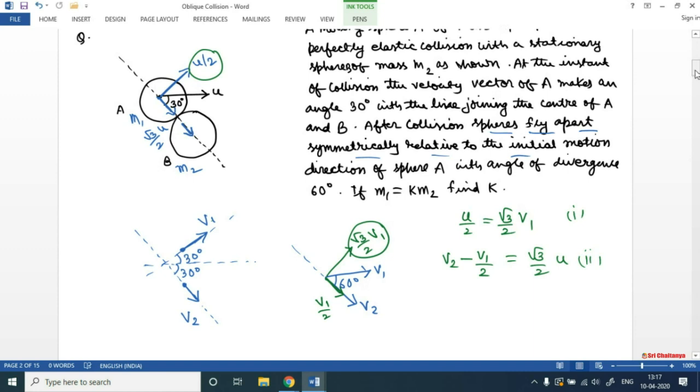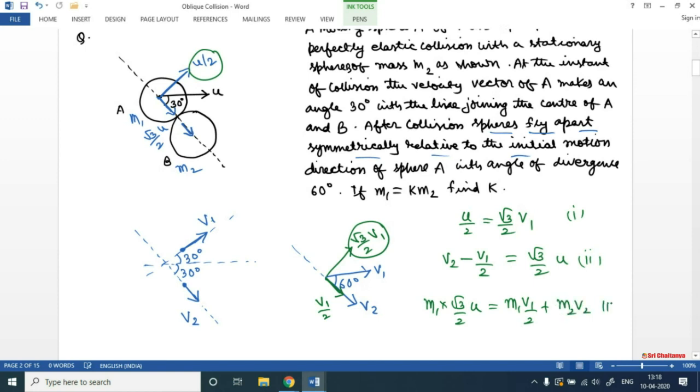Another equation we can write is from the principle of conservation of linear momentum. The linear momentum of the system just before collision along the line of impact would be m1 times root 3 by 2 into u, and that will be equal to m1 v1 by 2 plus m2 v2.